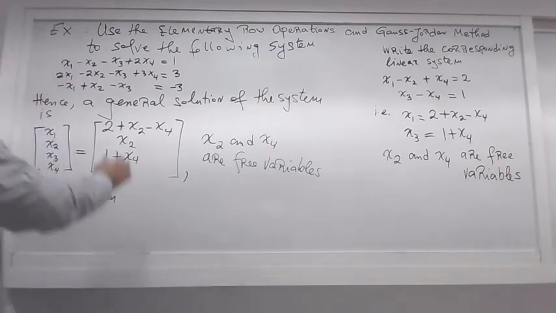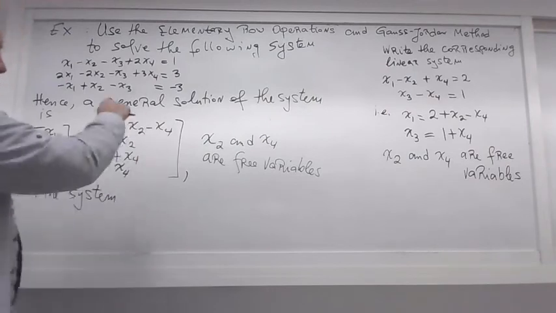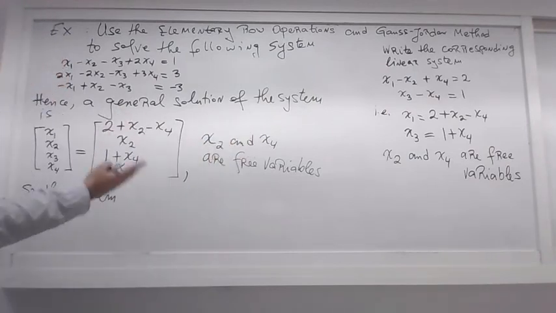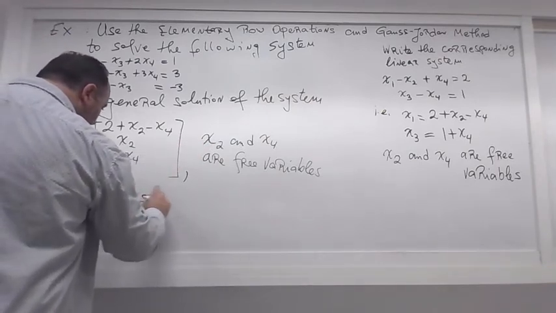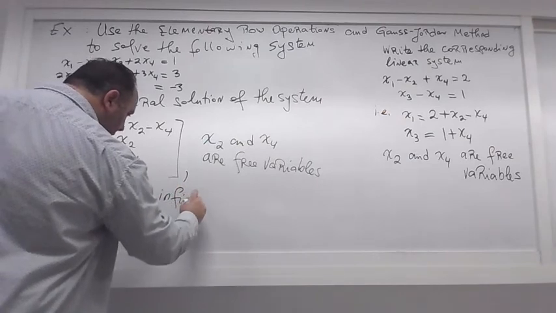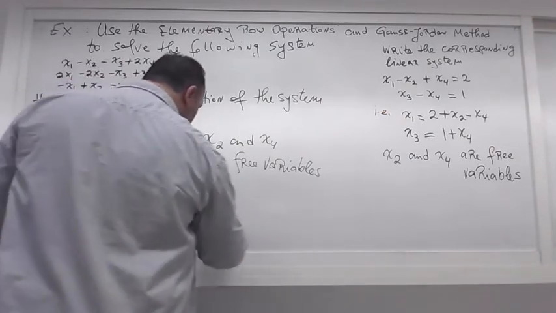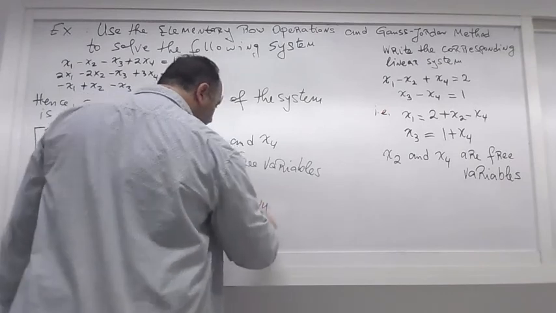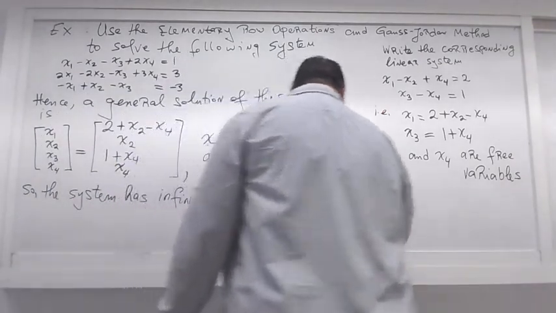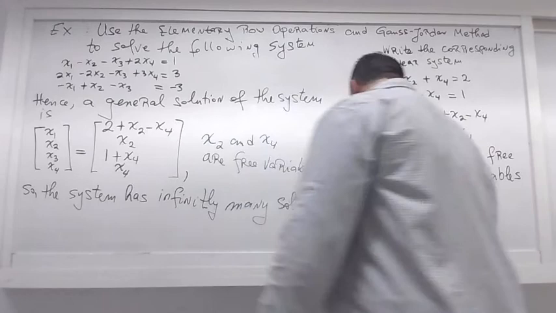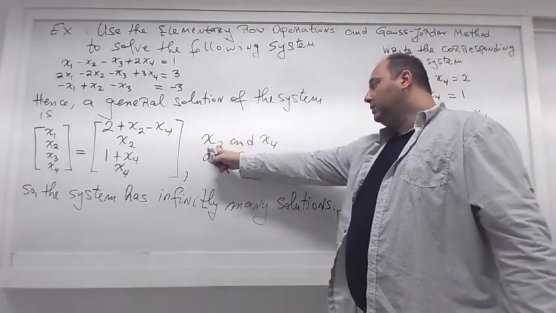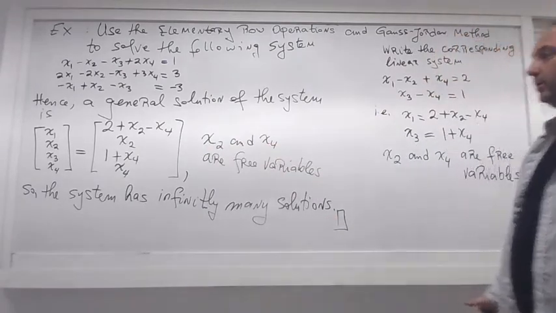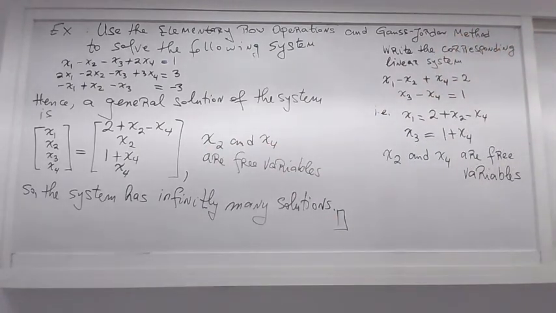So original system and all other systems that we got through the process, they all have the same solution set given by this, and there are infinitely many solutions. So you can say, hey, it's a lot of infinitely many because you can vary this guy and this guy. Wow, amazing. So that's how we do it.